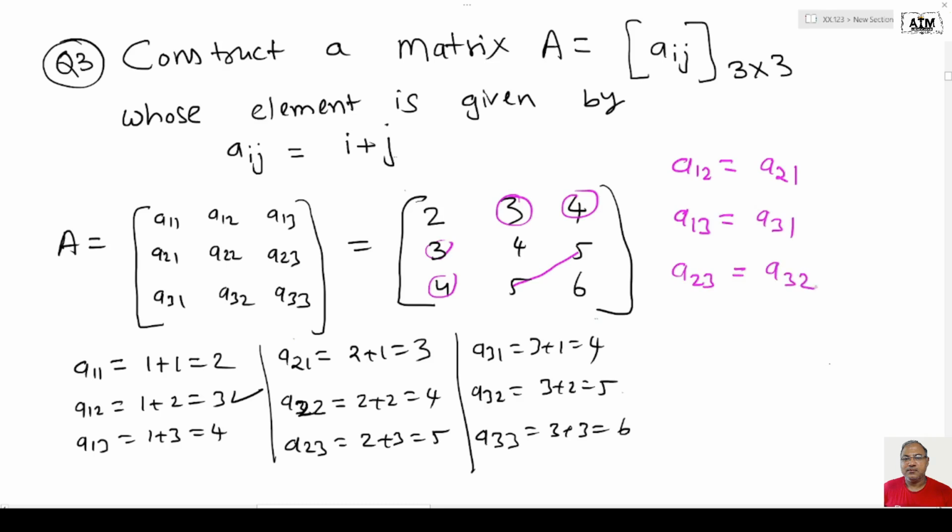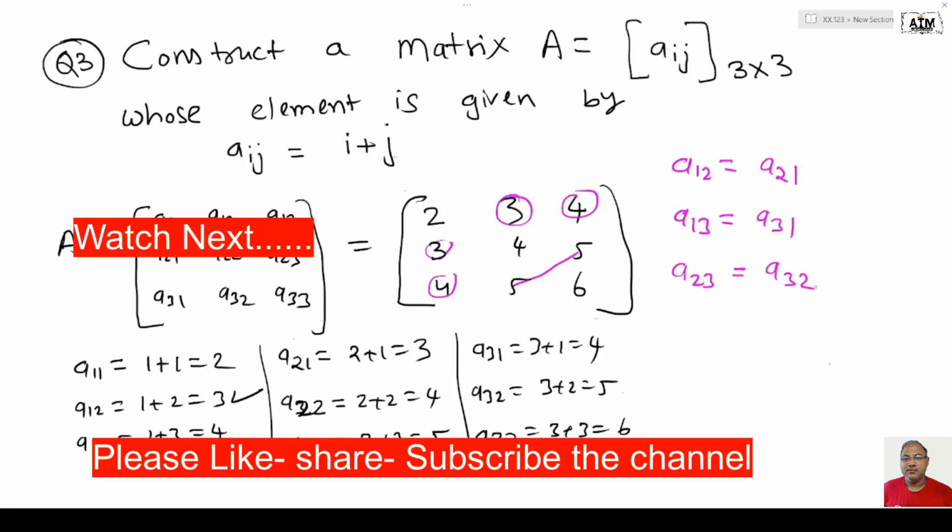On the basis of this, can you guess what type of matrix we got as a result? Write down your answer in the comment box. Let's see how strong your matrices are.